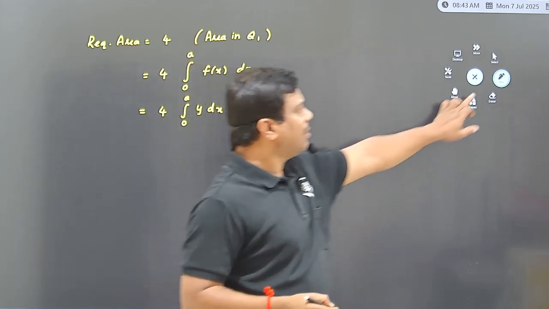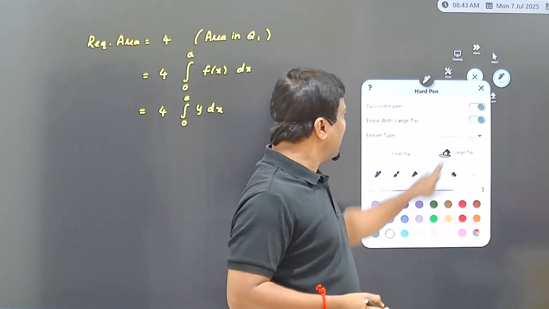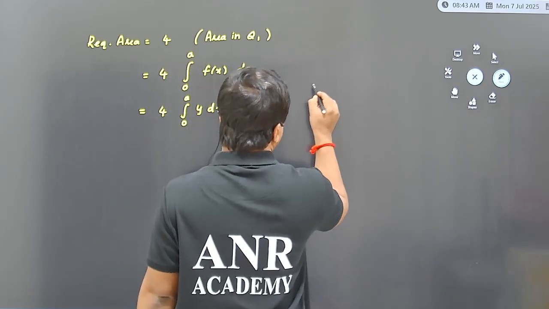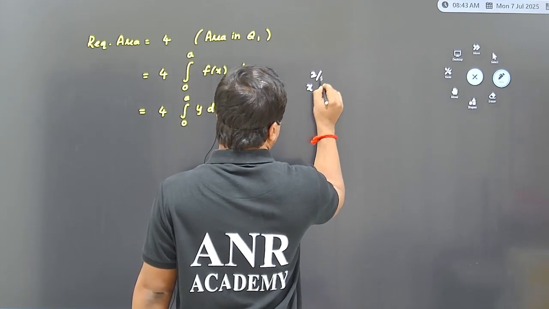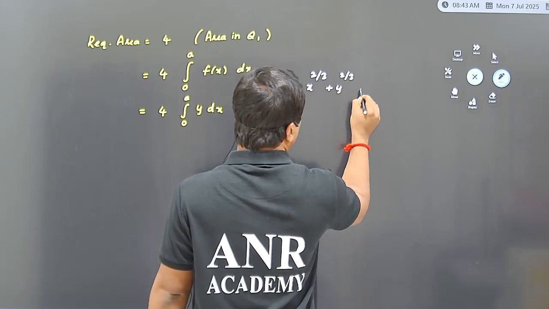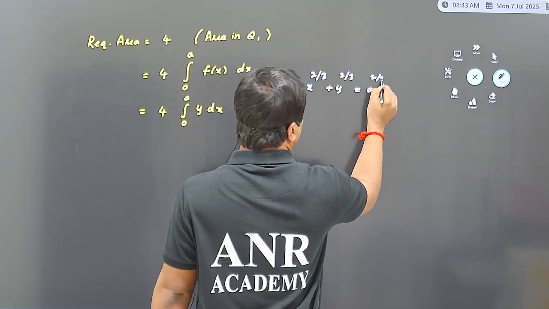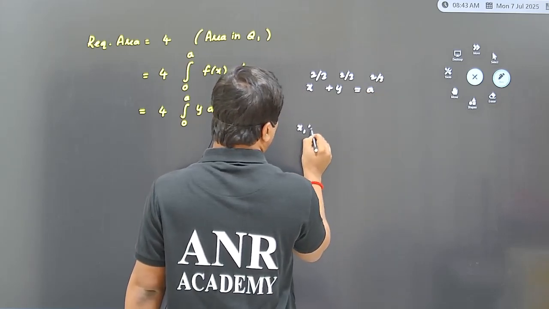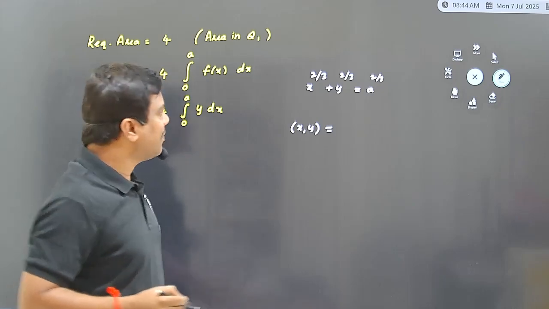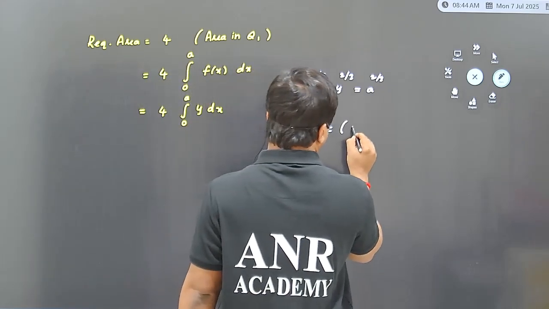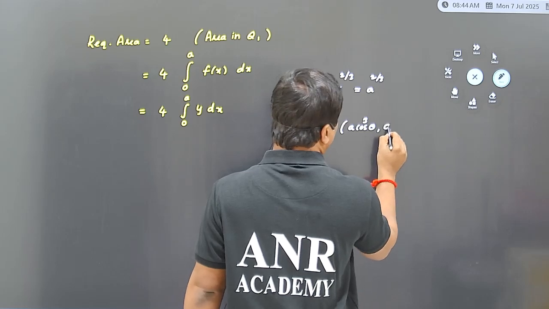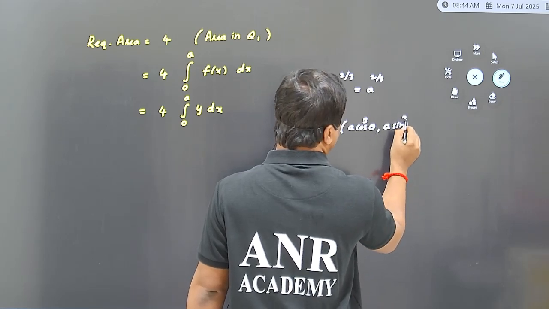We know that the given curve is x^(2/3) + y^(2/3) = a^(2/3), and the parametric form of the curve, a parametric point I am going to write on this curve, is x equal to a cos cube theta and y equal to a sin cube theta.